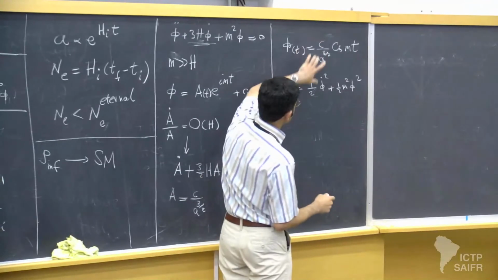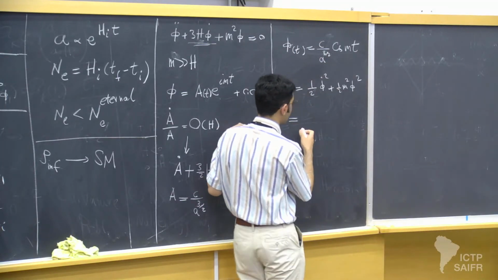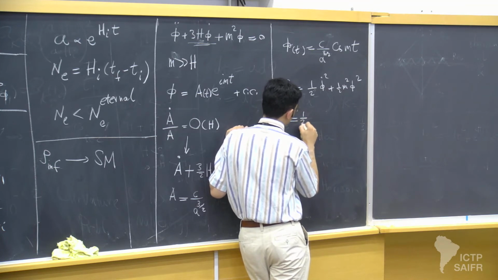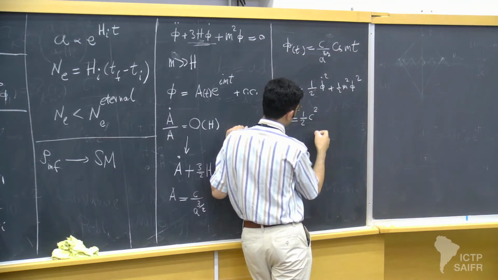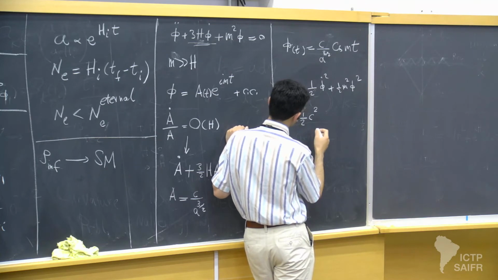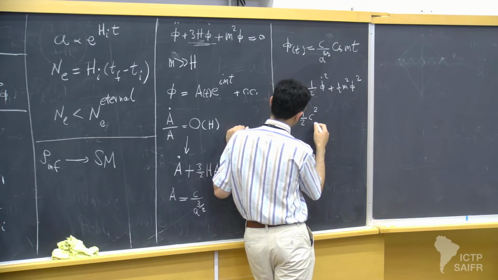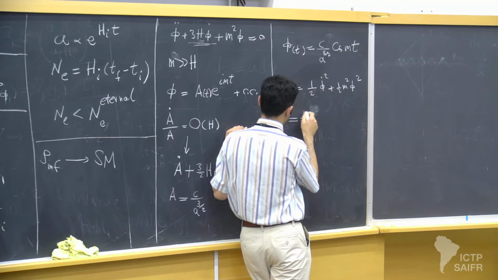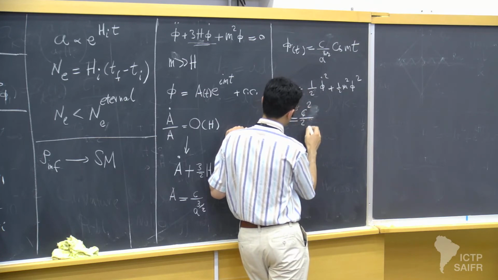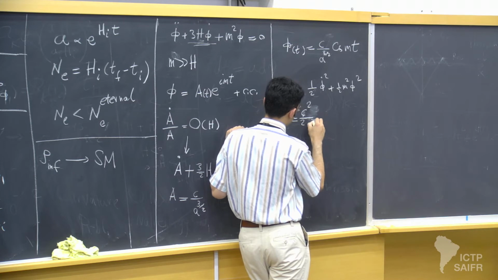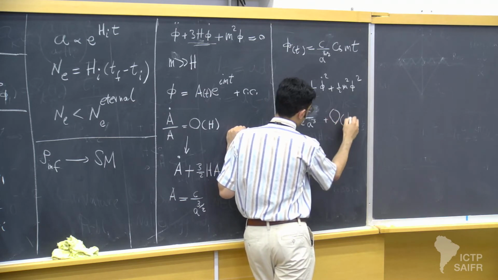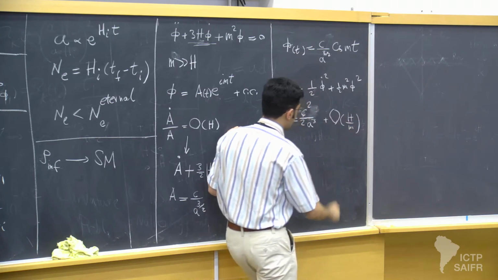And if I plug this ansatz in here, I will get C squared divided by 2a cubed, plus again corrections of order H over m, which I'm dropping.